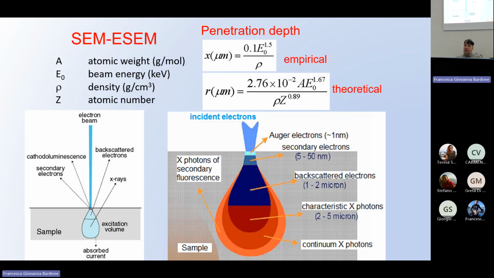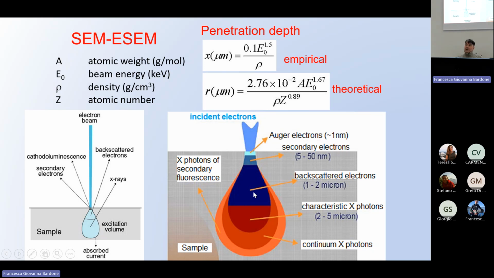Every type of signal has a different spatial resolution. At the moment, forget about Auger electrons, which are a particular type of electrons. I talked about secondary electrons. They come from the surface, they come from here. Backscattered electrons come from the blue part. X-rays, for the chemistry, come from this part here.